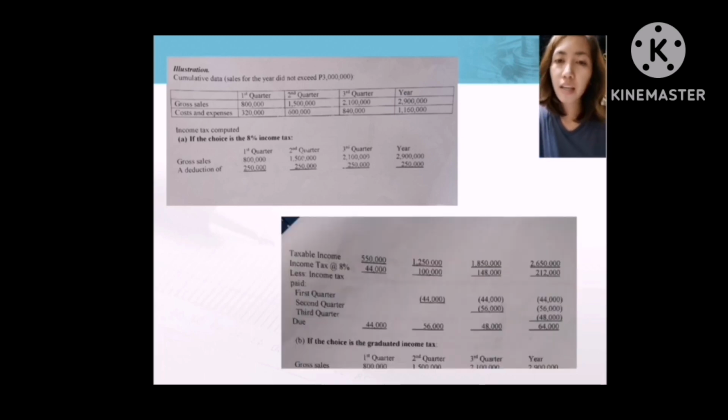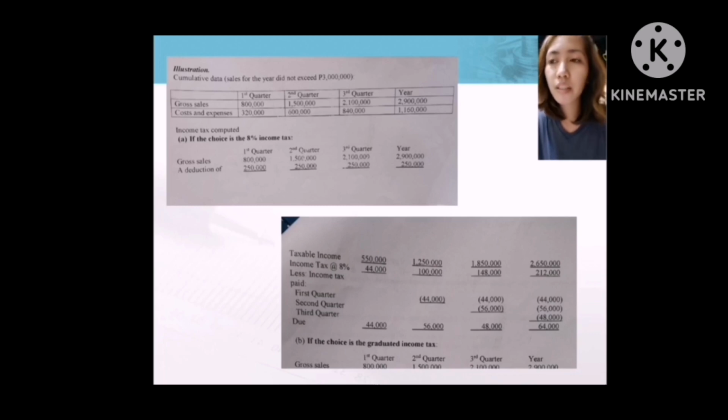Ililess lang din natin yung 250,000 pesos. And after nga natin masagutan or ma-minus yung 250,000 sa gross sales, makukuha natin dito yung 550,000 and then ita-times lang din natin yung 550,000 sa 0.08, then lalabas dito yung 44,000 pesos.